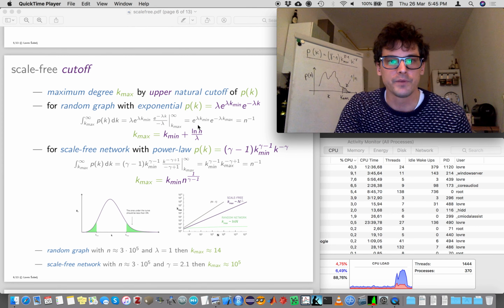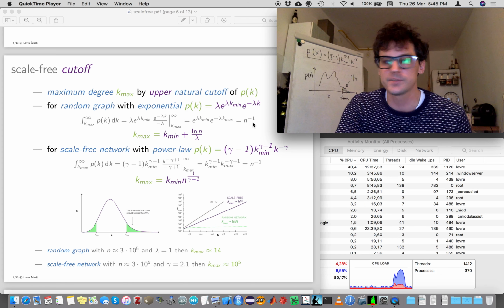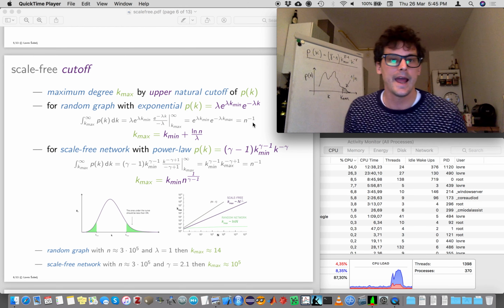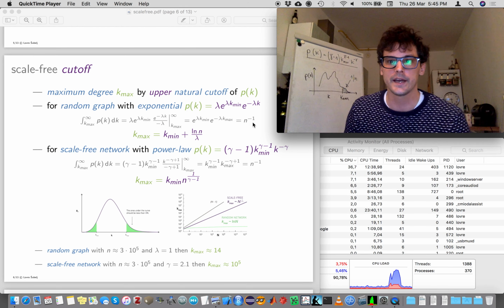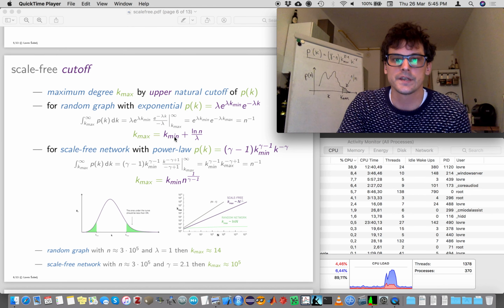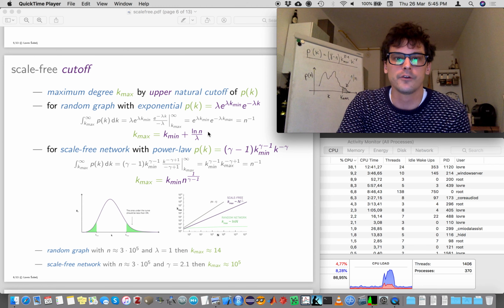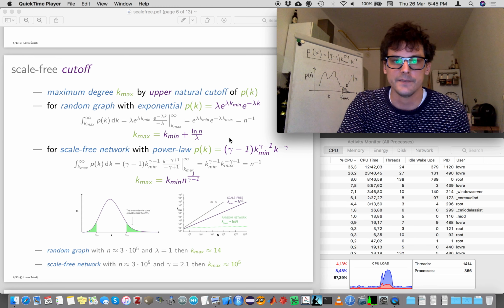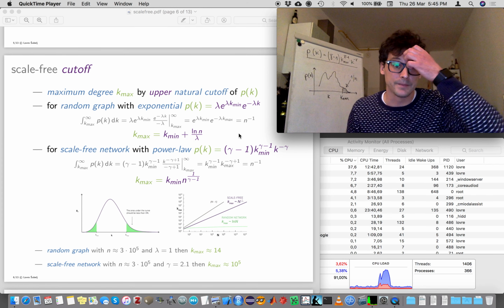Now if we take the logarithms of both sides and isolate the k sub max, what we get is that the maximum degree equals the minimum degree plus the logarithm of the number of nodes divided by lambda.